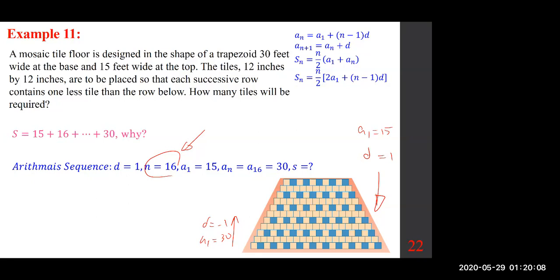So we are going to use one of these formulas. Remember that, right? I'm going to call it number 1 or number 2. And because we have a sub 1 and a sub n, it is easier to use number 1. So we use s sub 16, if you will.